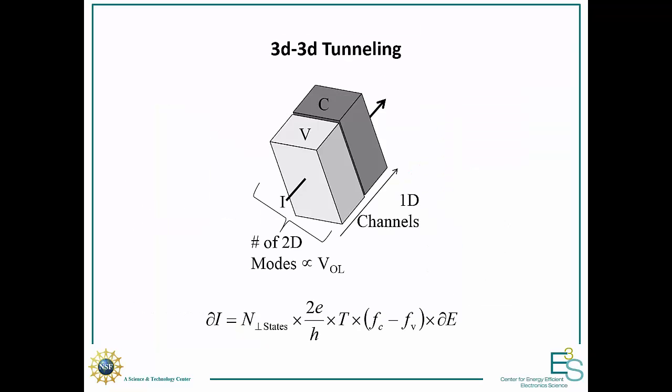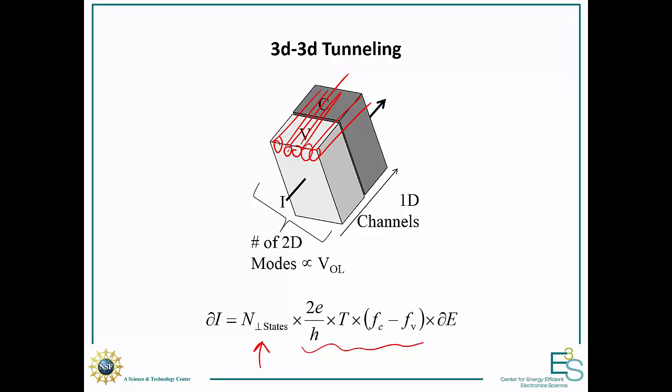Now we could extend this to 3 dimensions. And the key is simply that we have to sum over all of the transverse states. So you could say that we almost have a series of modes that are tunneling. And so we can just break our 3-dimensional device up into an array of modes, and we just have to multiply our 1D quantum of conductance times the number of states.